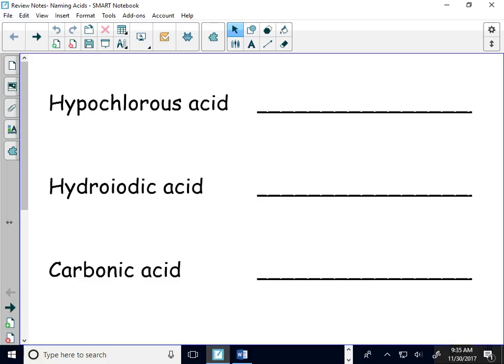All right? So it's important that you memorize these acid rules. Look at your PAL. Is there anything on your PAL that does not end in IDE, ITE, or ATE? Well, that's a cation, though.